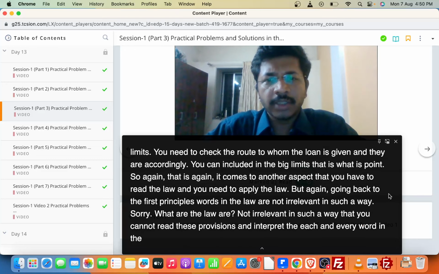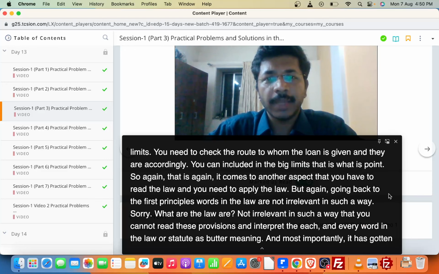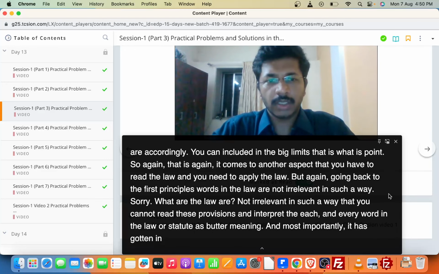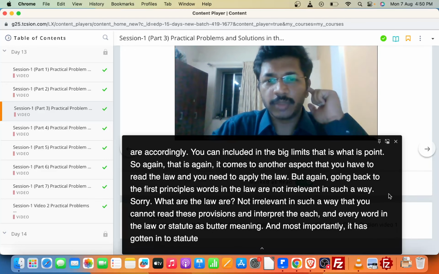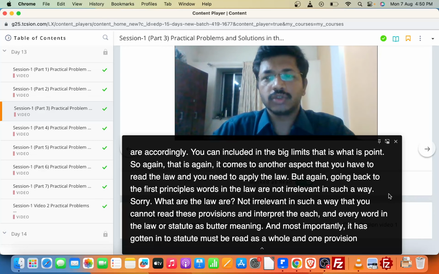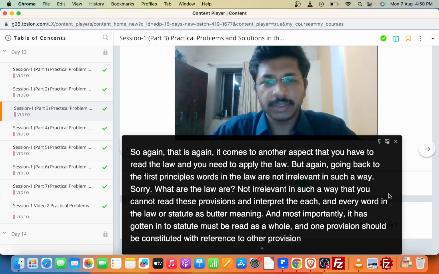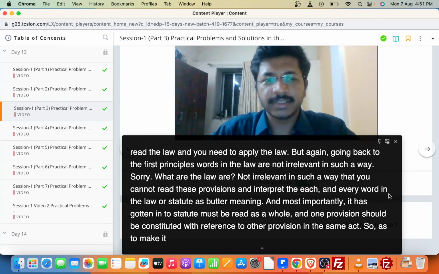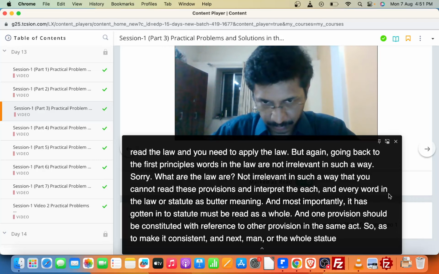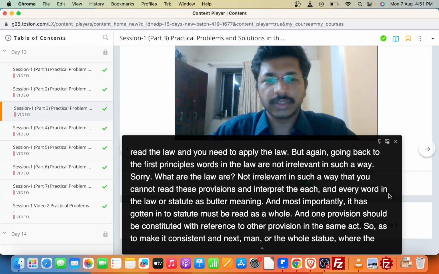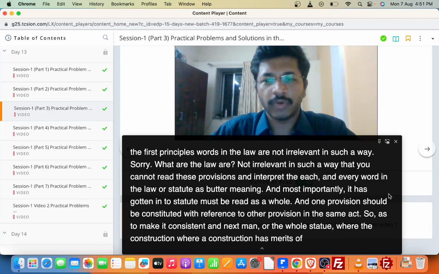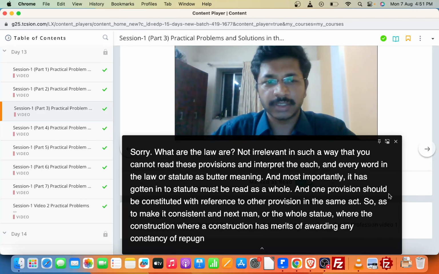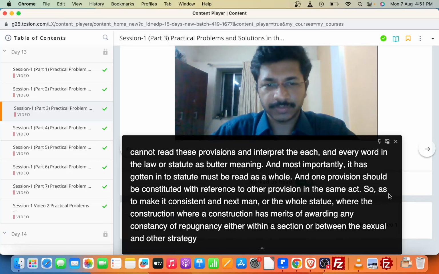Each and every word in a statute has a meaning, and most importantly, it has an importance. So a statute must be read as a whole, and one provision should be construed with reference to another provision in the same Act so as to make it a consistent enactment of the whole statute, where a construction has the merit of avoiding any inconsistency or repugnancy either within a section or between the section and another statute.